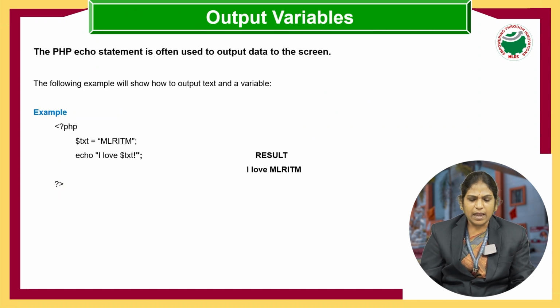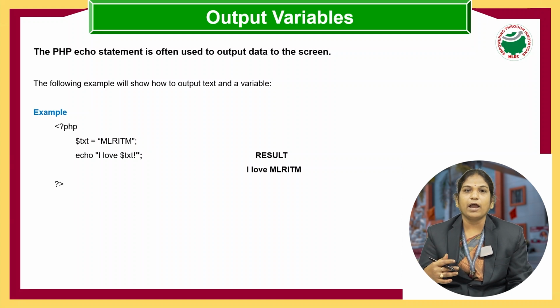And next, output variables. Here the PHP echo statement is often used to output data on the screen. Whenever we want to display output on the screen, in C we use printf, scanf, like that.